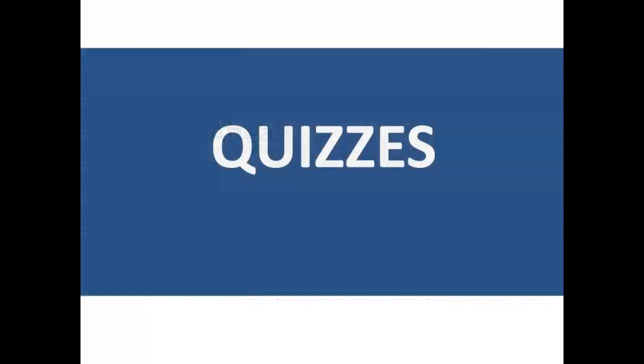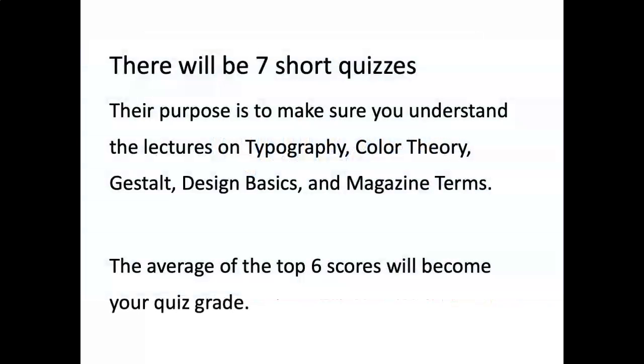All right, let's talk about quizzes because I give lectures and then you get to take a quiz on those lectures. And there will be 7 short quizzes, 20 questions. They will be on Blackboard. I will let you know when they are, and you will have a certain amount of time to complete them.